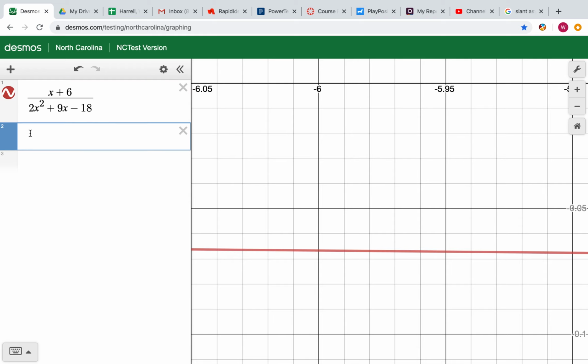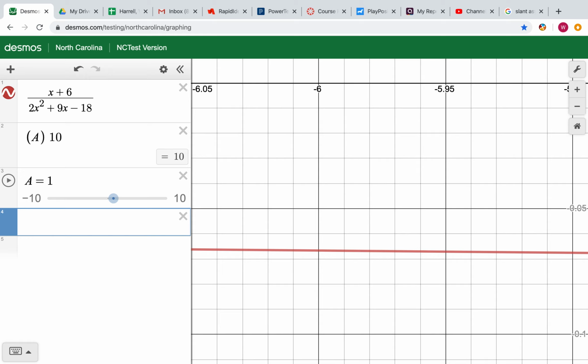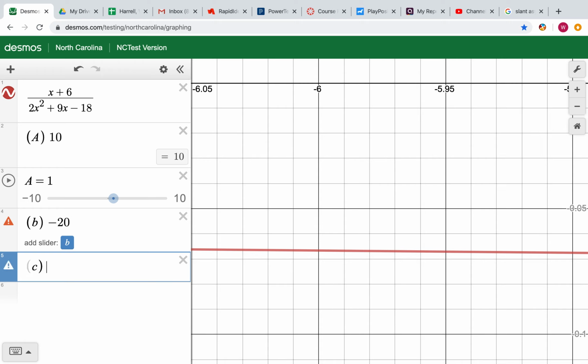If I give you options, say answer choice A is a hole at 10, B is a hole at -20, and C is a hole at -6. Which of these work?